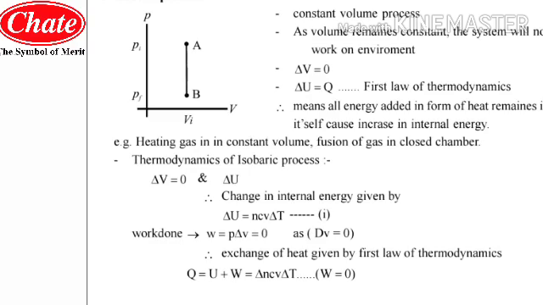And the fusion of gas in a closed chamber. What is meant by fusion? Fusion is nothing but the process of combining. So there will be a combining of gases in the closed chamber. Then we can say this is also one of the examples of the isochoric process.